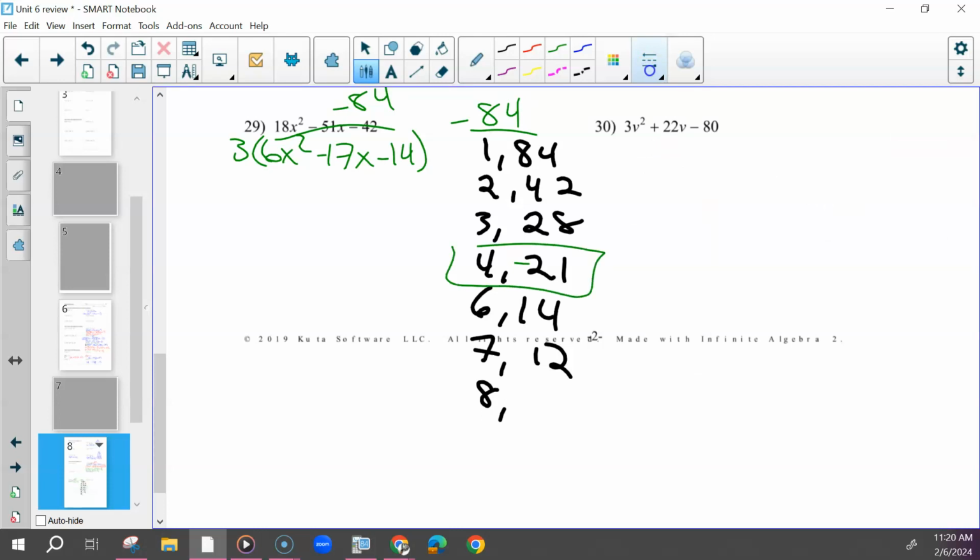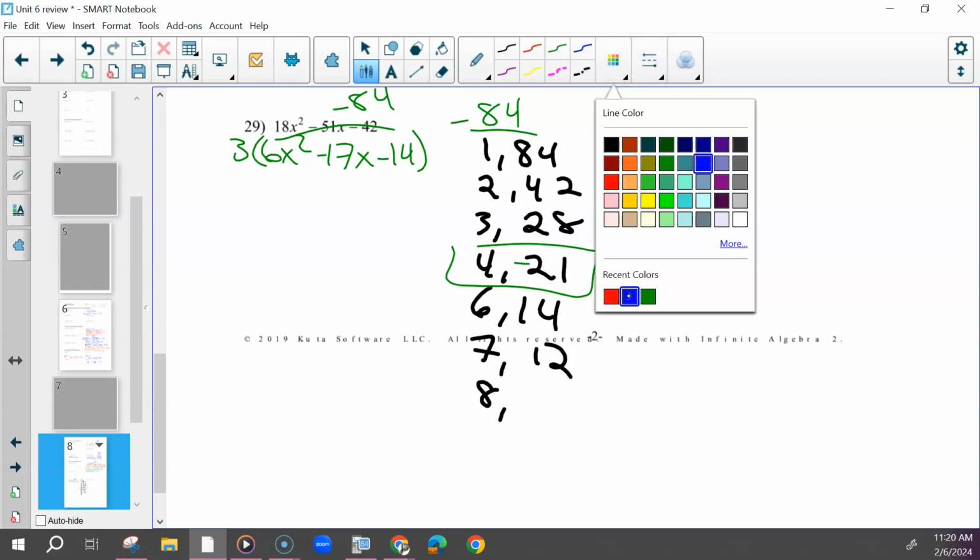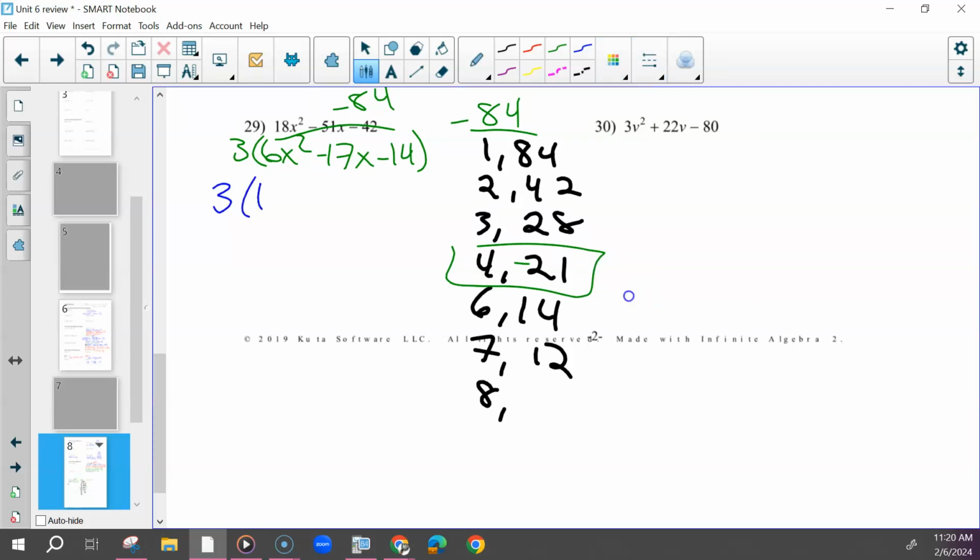So then, just like the last problem, rewrite this into 4 terms, leave the first and the last. And put in, it doesn't matter the order, 4x and negative 21x.